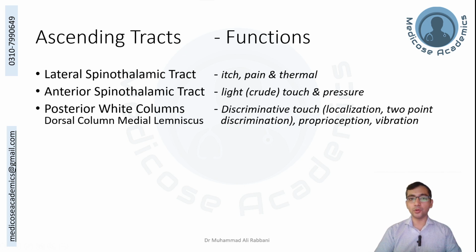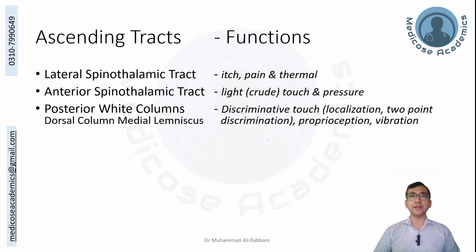The whole insect is not received as a single blob. If something sits on your face, you feel out its legs and peculiarities, but if it lands on your back, you just feel a pressure, and that's why it's more irritating on your face. So that is 2-point discrimination, which is more sensitive on the face as compared to the back.